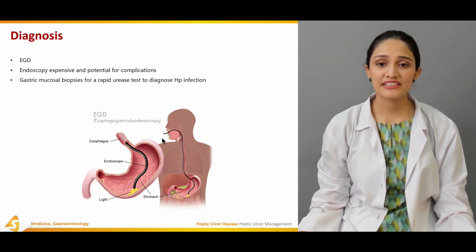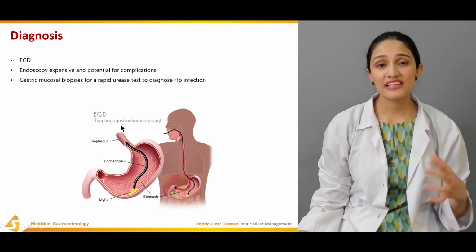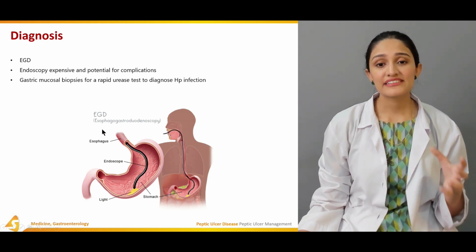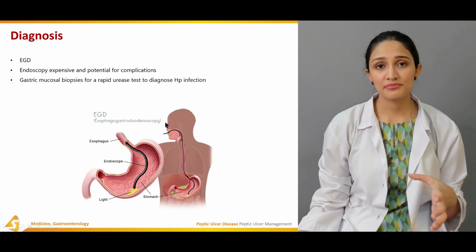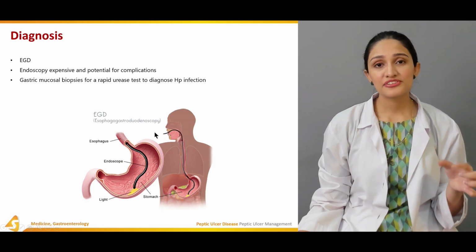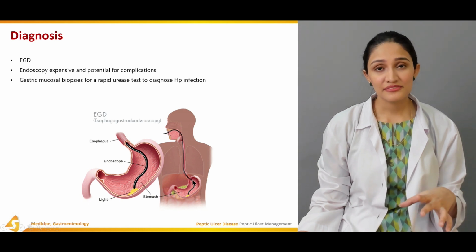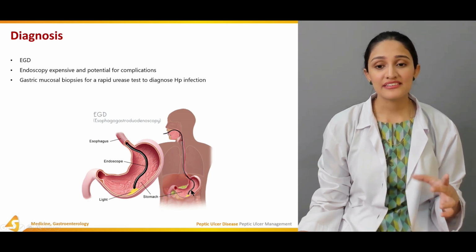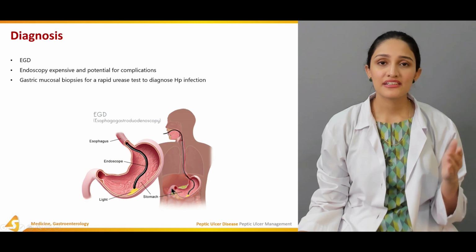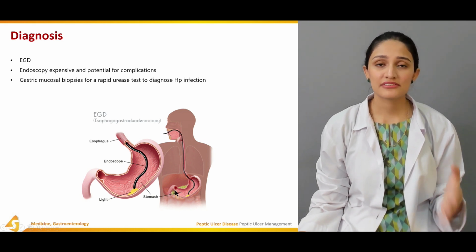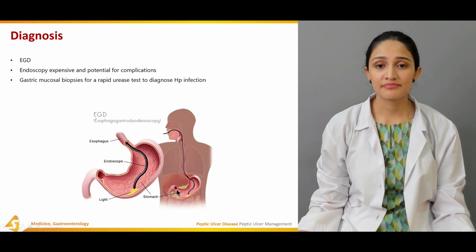In this diagram, we can see an endoscope, which is called esophagogastroduodenoscopy because it passes through the esophagus and then through the stomach, which is gastro, and then it can also pass into the small intestine, which is the duodenum.